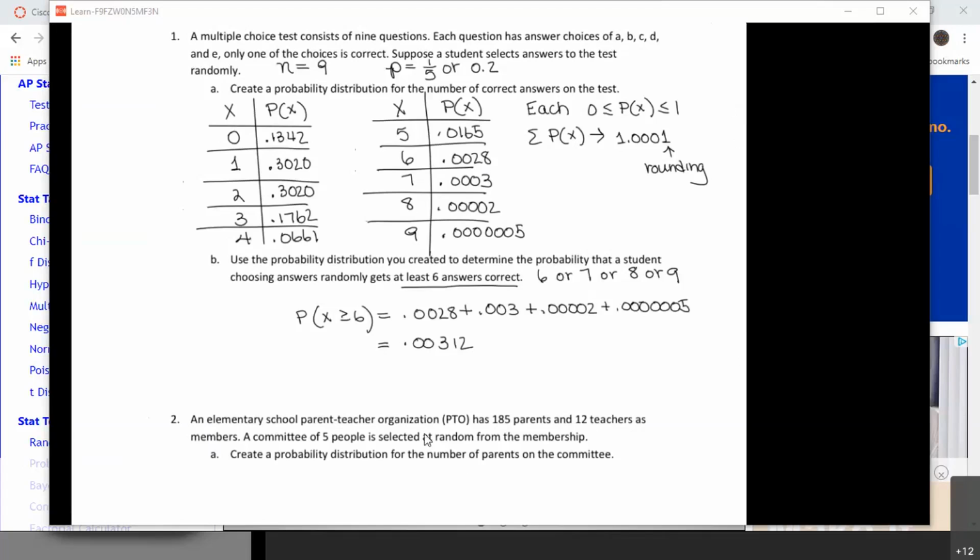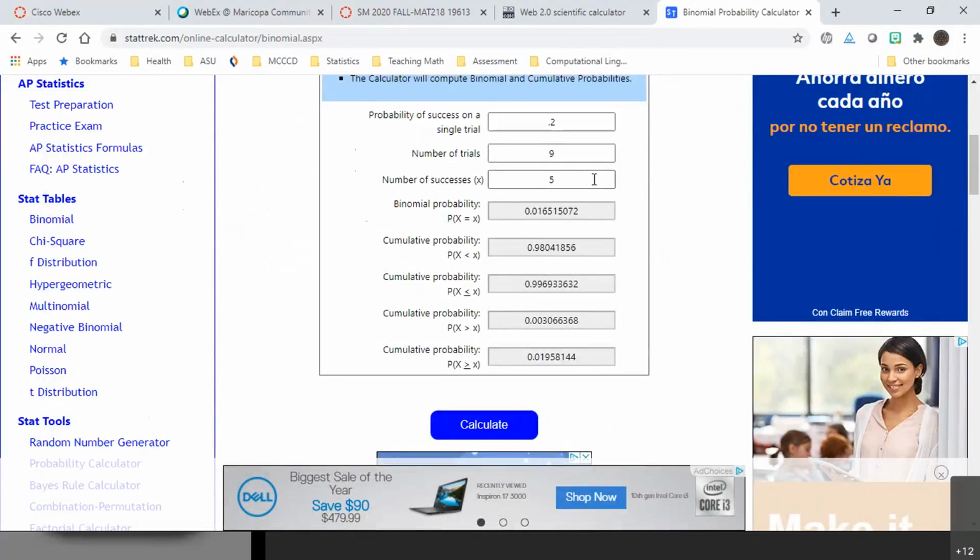Now again, you can do this with binomial CDF, but remember, you have to do 1 minus 5 correct to get that on your TI-84. With the online calculator, it's really, really easy. See how it's done? I'm going to put a 6 in here and calculate.